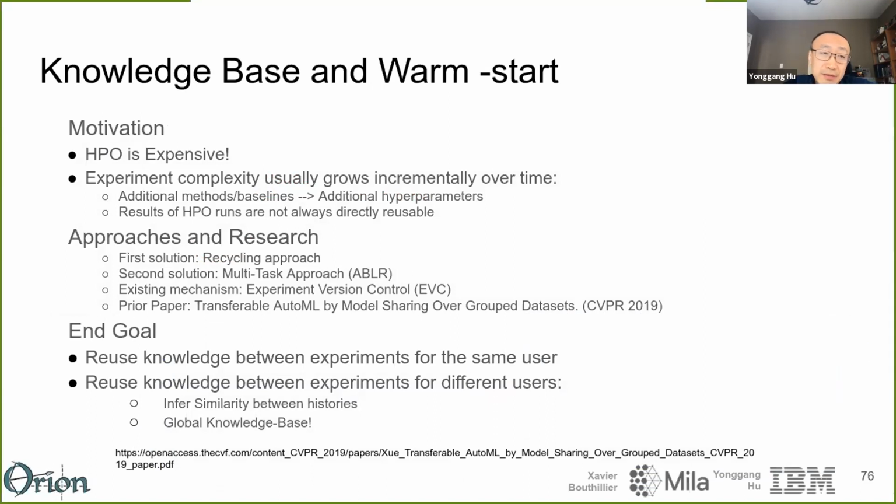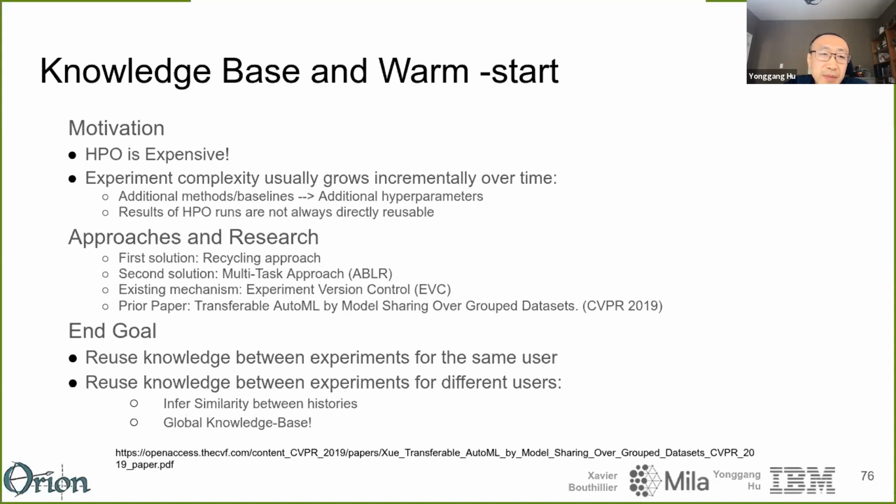HPO is very expensive. GPU is very expensive. A V100 will cost more than $10,000. A DGX tower is equivalent to a sports car, like a Lamborghini. So this knowledge base and warm start is essentially to address the efficiency issue for HPO.